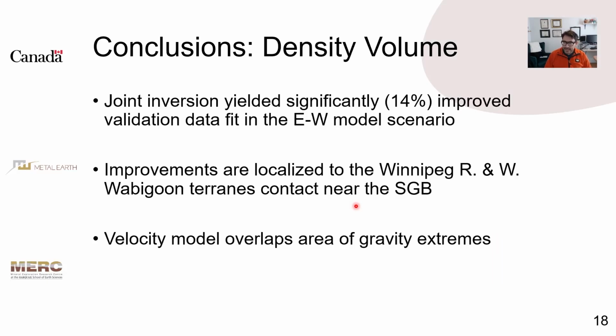So in conclusion, we can state that the joint inversion in the east-west belt case significantly improved the validation data fit. These improvements were localized and most prominent at the contact of the western Wabigoon and Winnipeg River terranes, and they're also more localized to the area where the velocity model overlaps areas of gravity extremes.